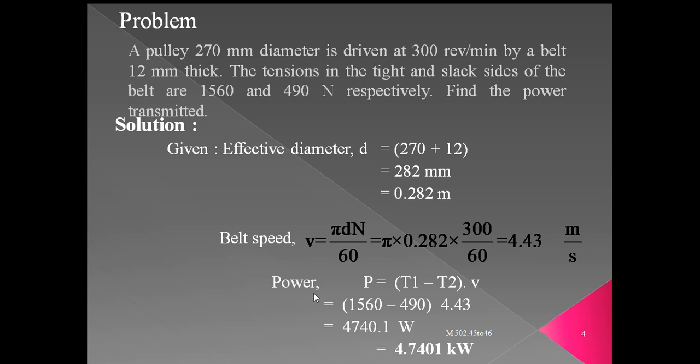Then we can find the power P equal to the tangential force into the velocity of the belt drive, that is (T1 minus T2) into V. From that we got the power as 4.74 kilowatt.